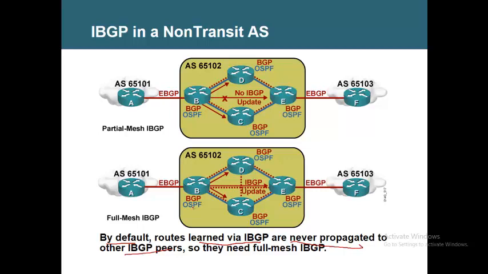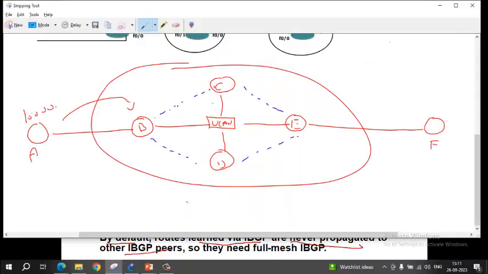What will happen if it is propagated? See what happens. Because you have a LAN, when B sends an update, it will go to everyone.